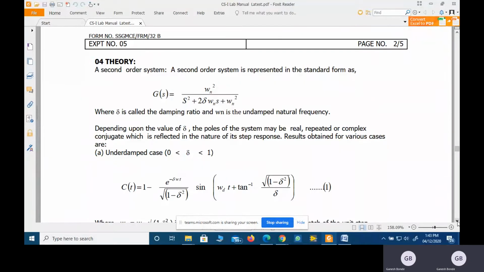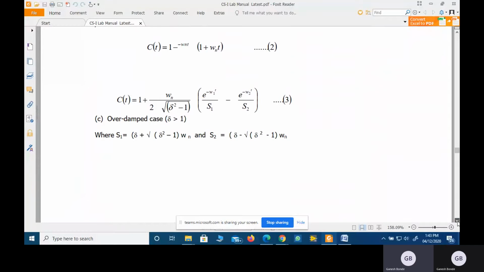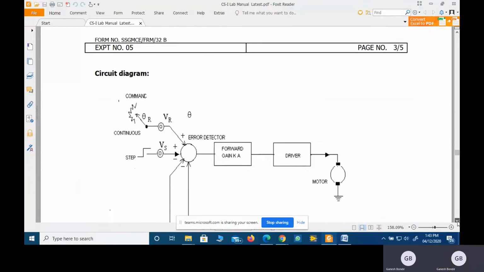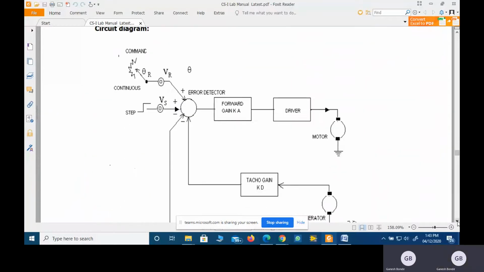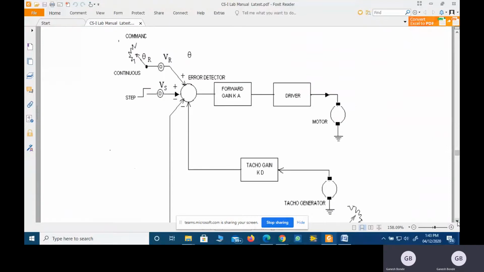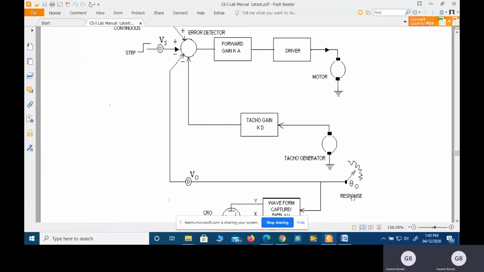Then these are the theory part. So this is our main circuit diagram. Here, if you go through the circuit diagram, we have one command type potentiometer, and here is one response type potentiometer, and one DC motor, and to take the feedback, this tacho generator is used.